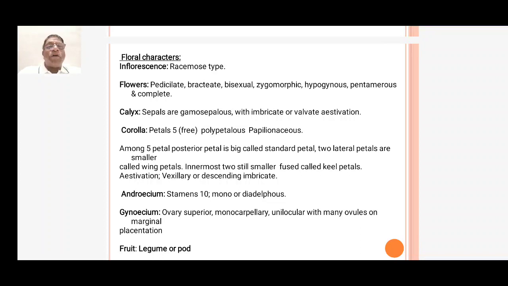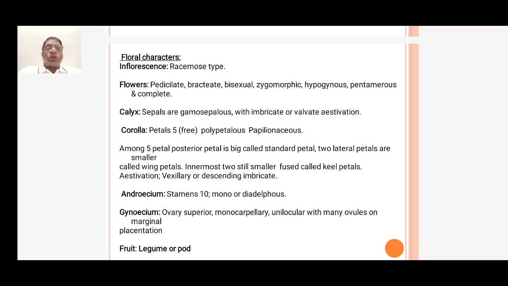Butterfly type of corolla. If you examine, the petals are 5 in number. All the 5 petals are free. The posterior petal is big, called the standard petal. The 2 lateral petals are smaller, called wing petals.